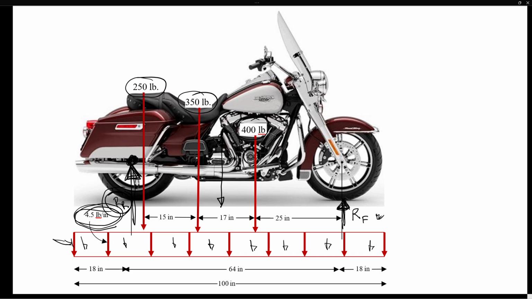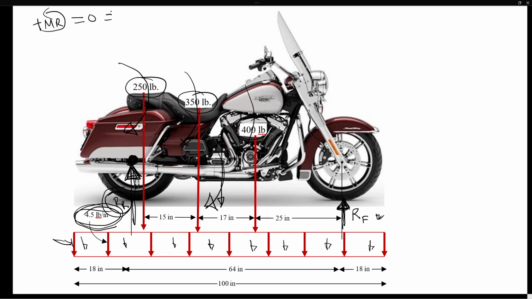If we look at the rear wheel, all these forces will do a clockwise moment. They try to rotate the motorcycle with respect to the rear wheel clockwise. So all of these will be negative moments. So let's take moments with respect to the rear wheel and sum, counterclockwise positive, everything summing to 0.